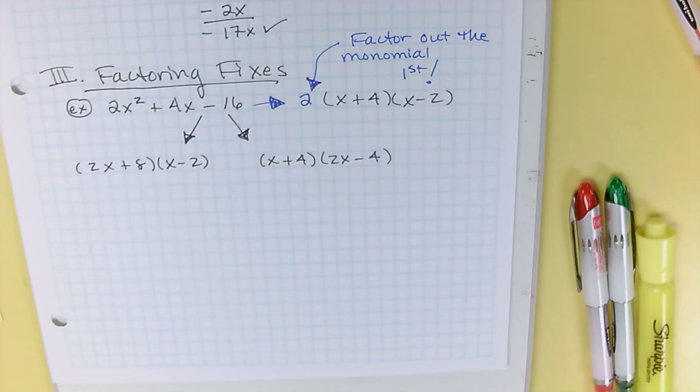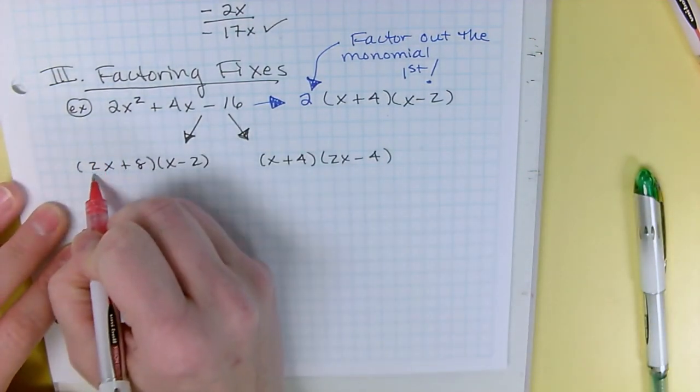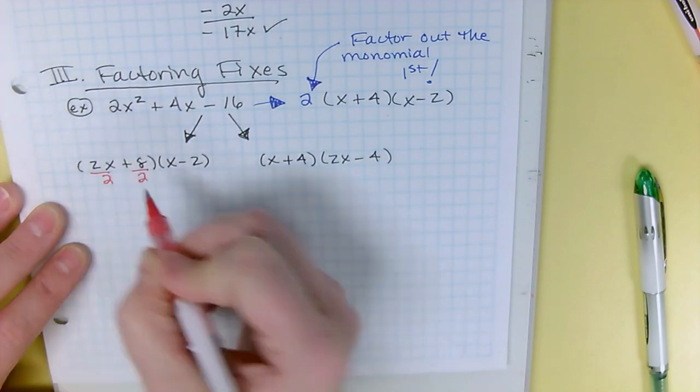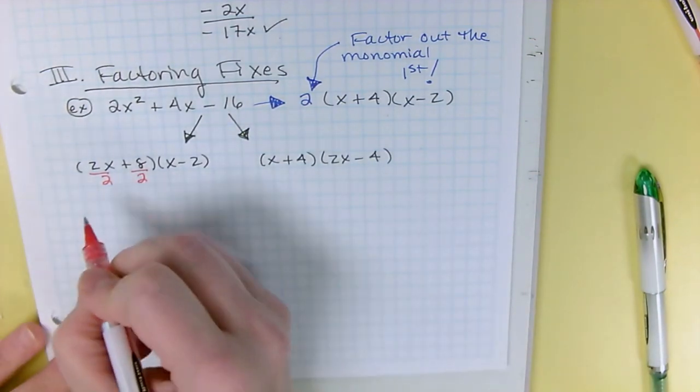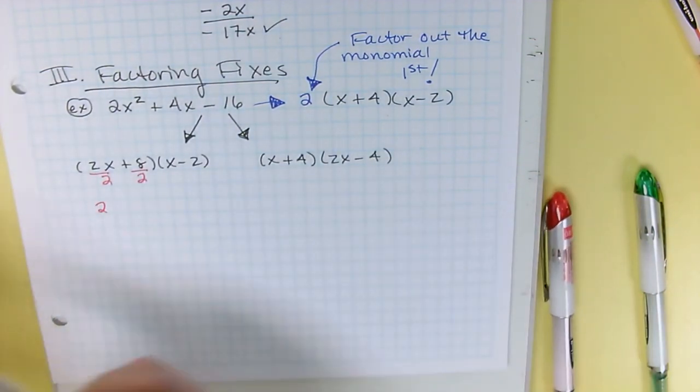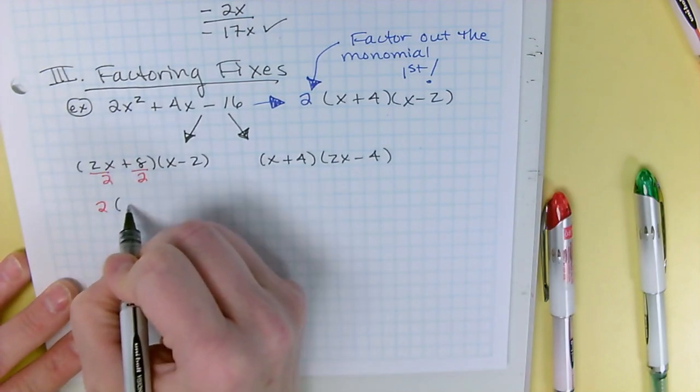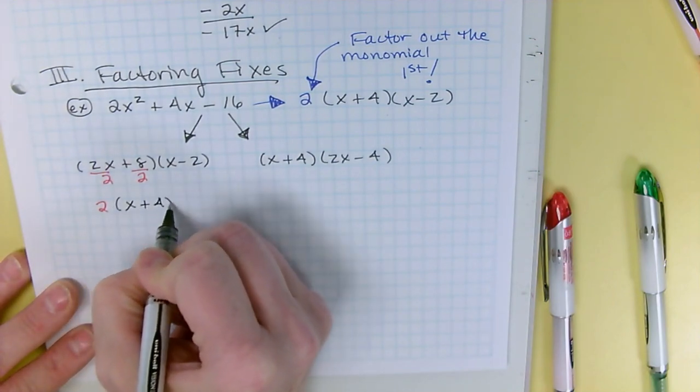What happens to the 2 is it reappears inside one of your 2 factors. Can you see how both of these are even numbers? That's where the 2 went. It's buried in here. So to fix that, you can divide the 2 out of one of your factors, put the 2 in front, and then when you divide out 2, you're left with x plus 4.